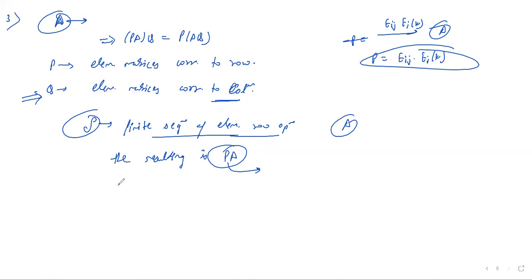And what is Q? Similarly for the columns, Q is the set of all elementary matrices corresponding to the columns.